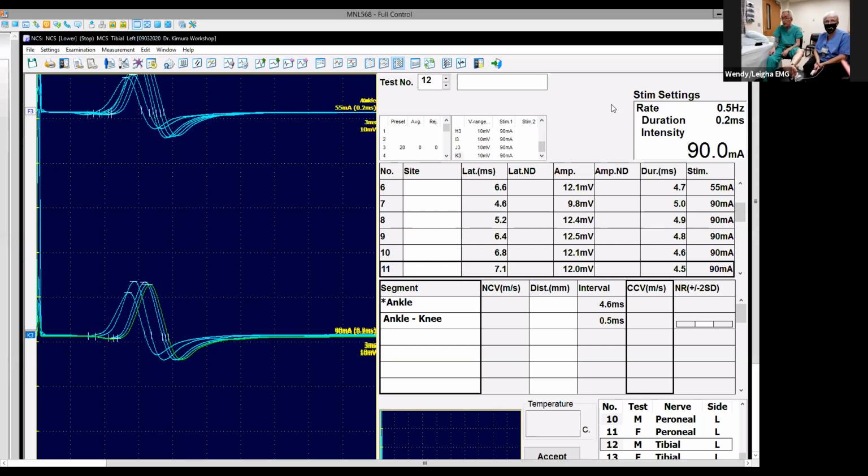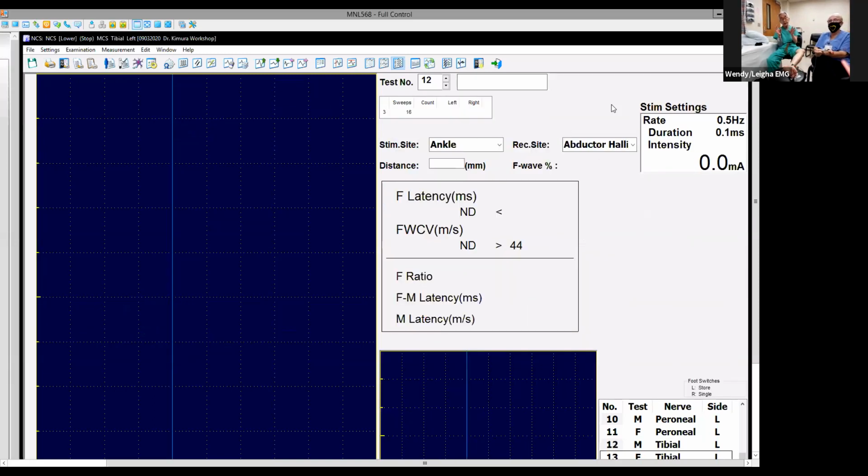So let's discuss the F-wave recording. In order to do that, you see, we've been talking about short segmental stimulation all day today, and that is for focal pathology. And that applies to mononeuropathy and mononeuropathy multiplex.